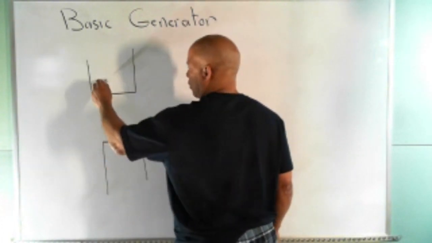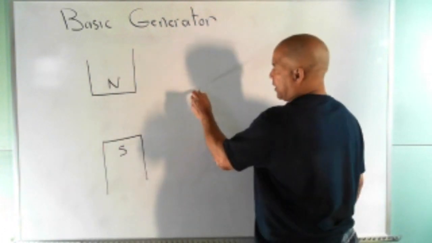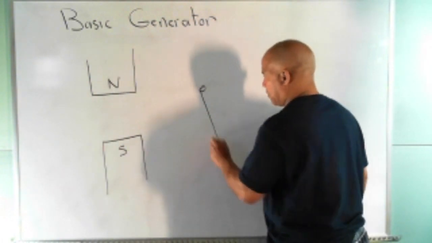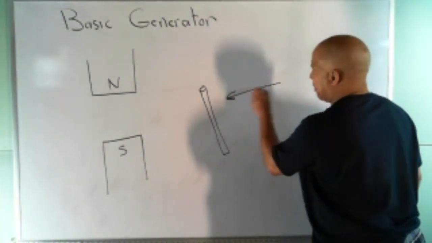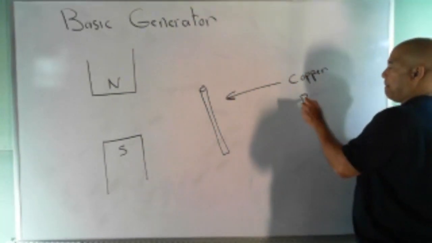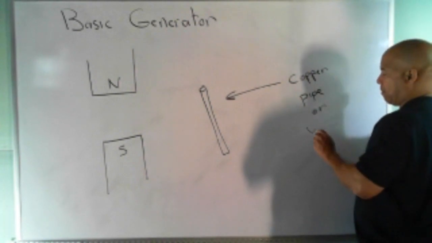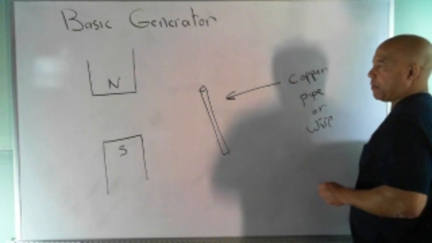Here's a North Pole magnet, and here's a South Pole magnet. And you've got to have a conductor. So here's my conductor. So maybe that's a copper pipe, or a copper wire. I've got a piece of copper.